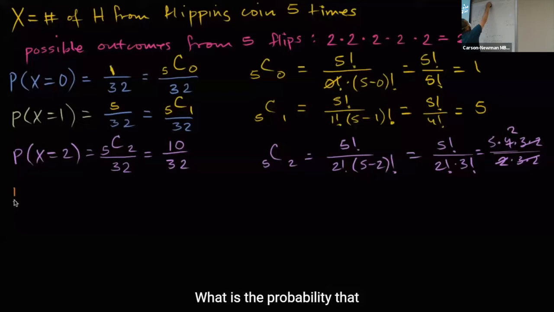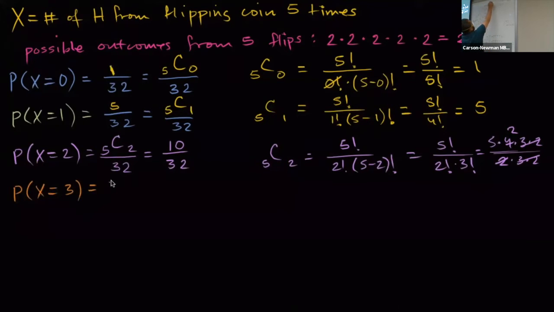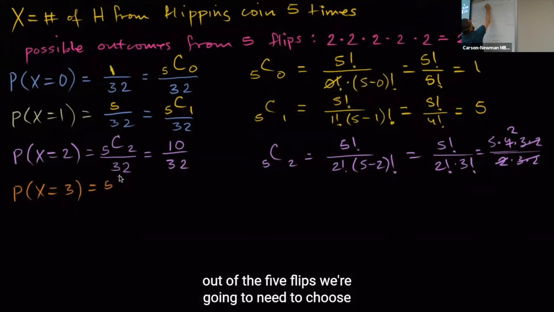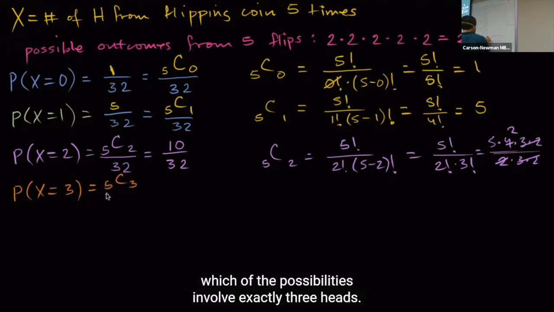So what is the probability that our random variable x is equal to 3? Well, out of the 5 flips, we're going to need to choose 3 of them to be heads to figure out which of the possibilities involve exactly 3 heads.